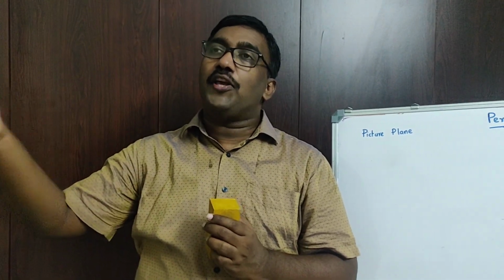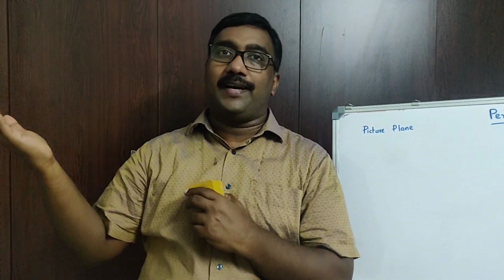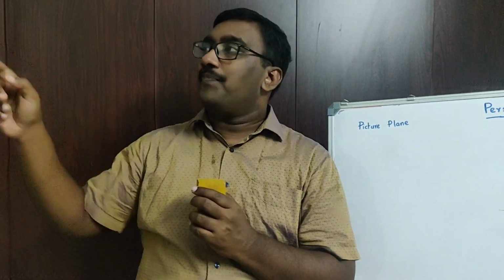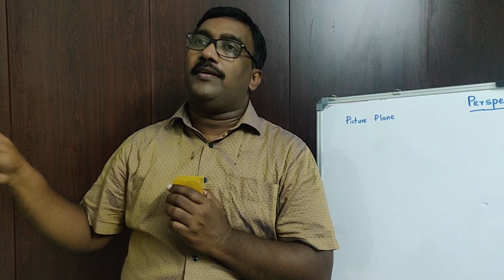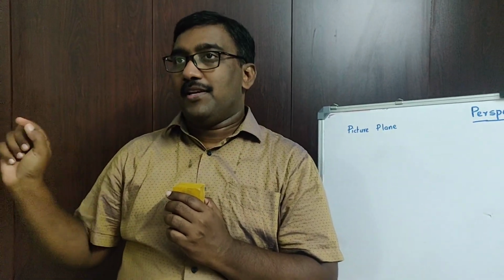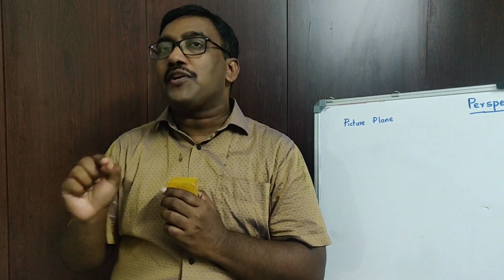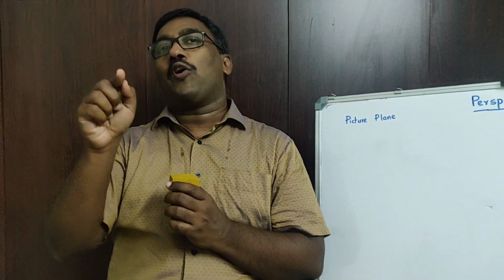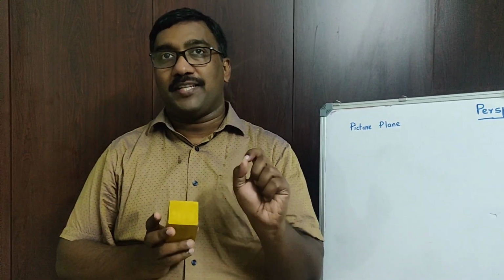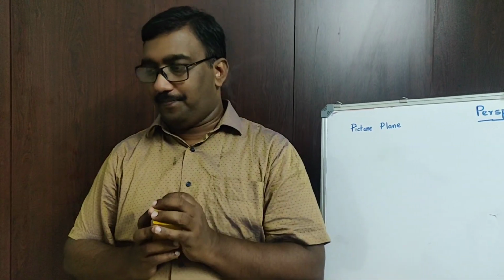You are looking at something outside through the window. So the light rays from that object are actually falling on your eye. Then only you can see that. When it is coming to your eye, in the midway, it is actually falling on the glass. So if you mark those points on the glass, and if you can have a closed contour, that will be the perspective projection. That is a simple example.